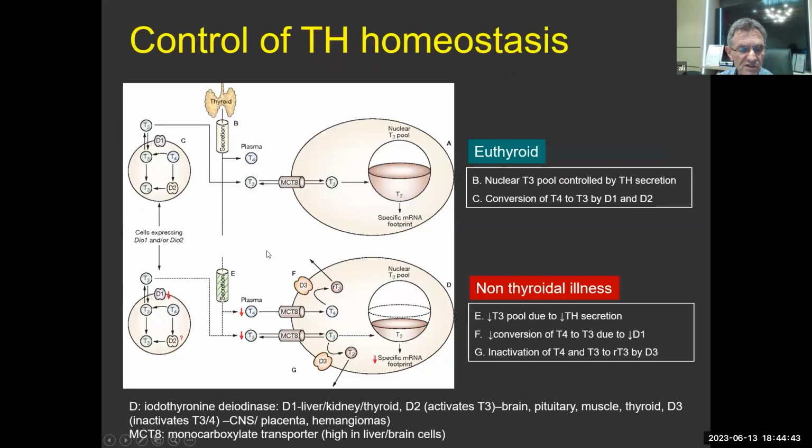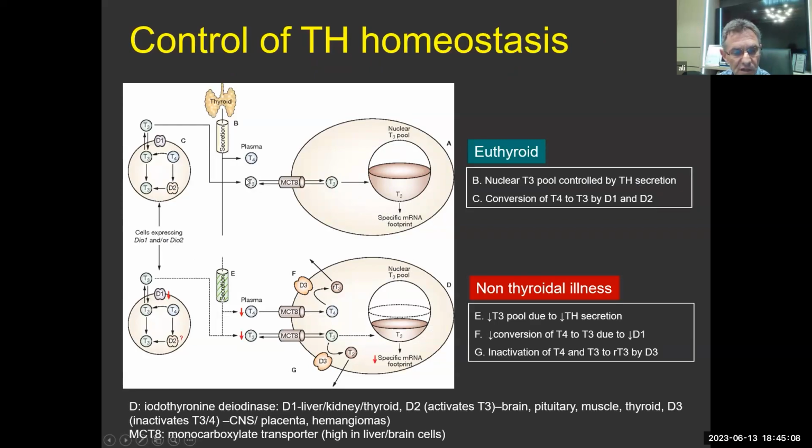Now, we always think of T4 as the active hormone because we measure T4 and TSH, but it's the T3 pool, which is the active hormone, which will determine how your metabolism is performing. And so you want active T3 in the cell to be able to exhibit and allow the metabolic pathways to take place.